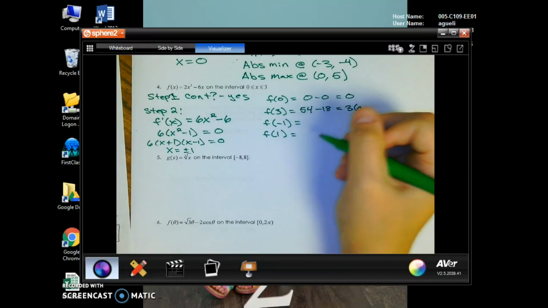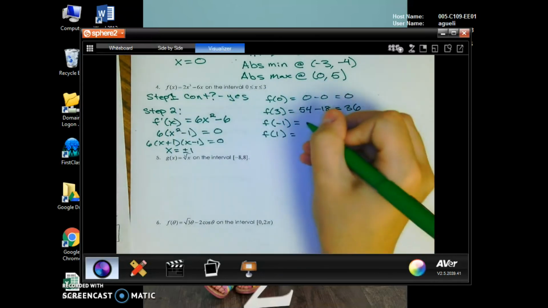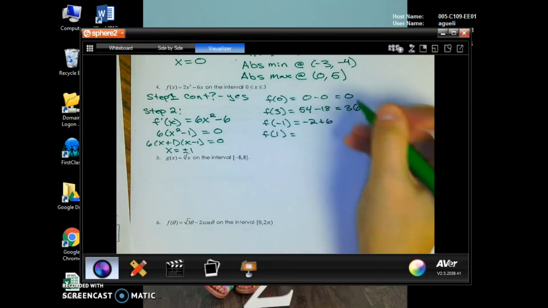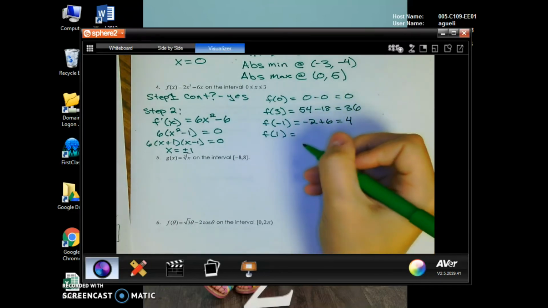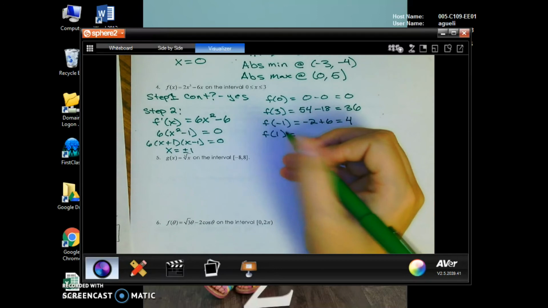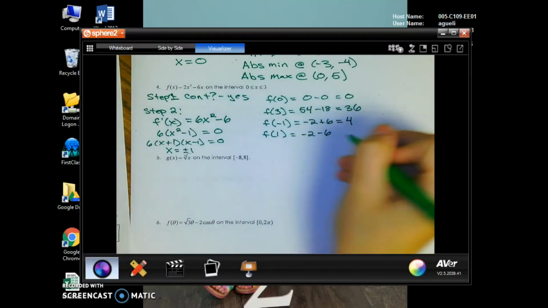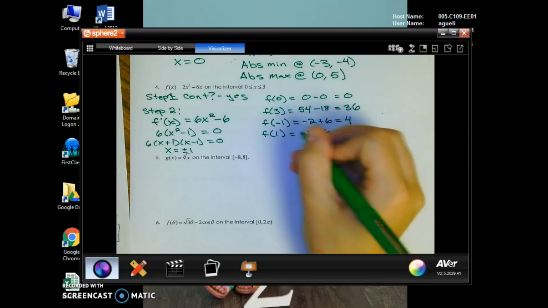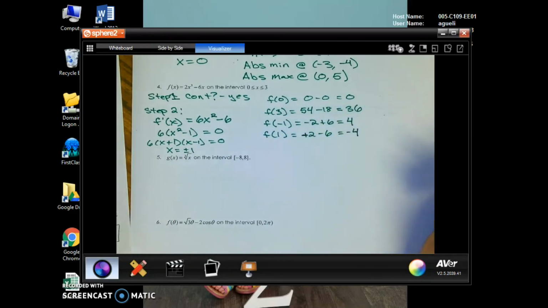And when I try to plug in a negative 1, let's see, negative 1 cubed will be negative, so that'll be a negative 2. And negative times negative will be a positive 6. So that's going to give me a positive 4 there. And similarly, this time when I plug in a 1, that'll be 2 minus 6 this time, though. And, oh, wait a second, that'll be a positive 2 there. Sorry. And minus 6, that'll give me a negative 4.